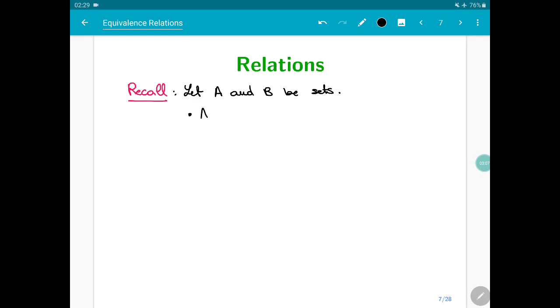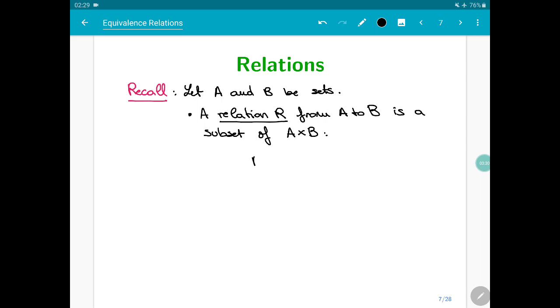A relation R from A to B is a subset of the Cartesian product A cross B. So R is a subset of A cross B.